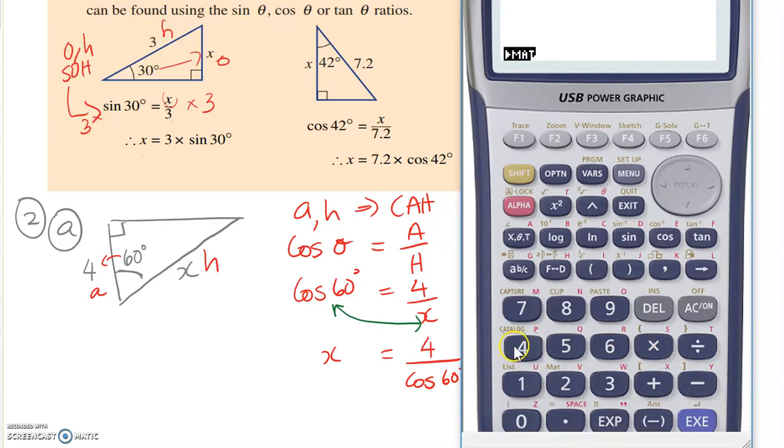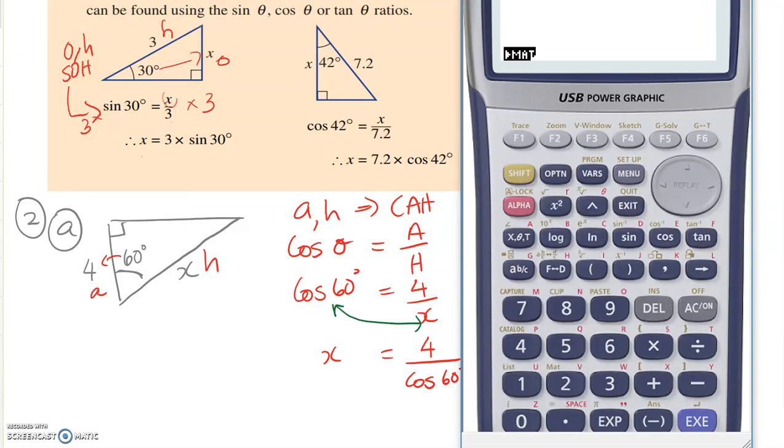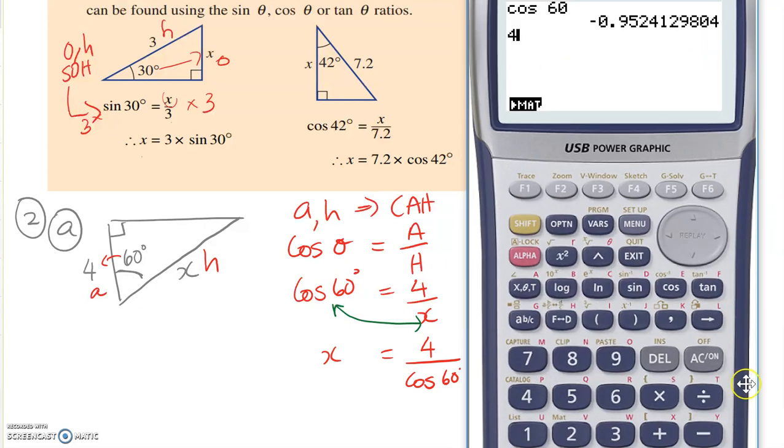And we go 4 divided by, and in brackets, let's say cos 60, close brackets, and equals.